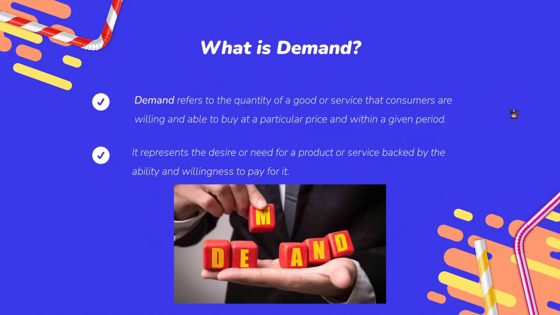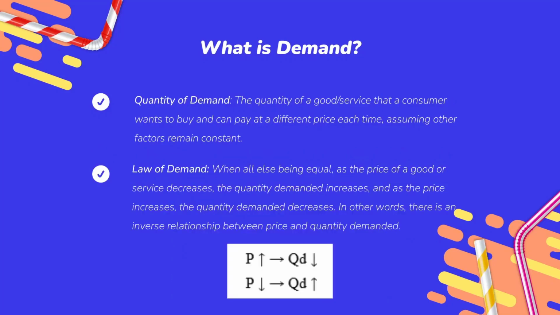Demand refers to the quantity of a good or service that consumers are willing and able to buy at a particular price and within a given period. Quantity demanded is the quantity of a good or service that a consumer wants to buy and can buy at a different price each time, assuming all other factors remain constant.